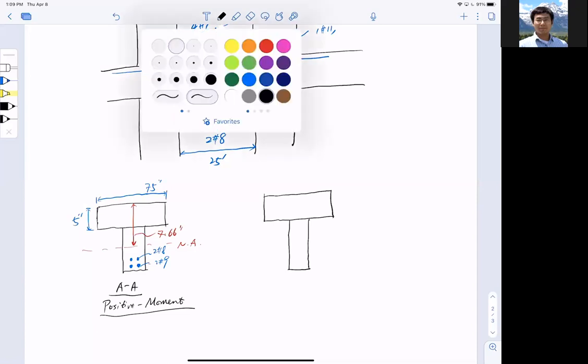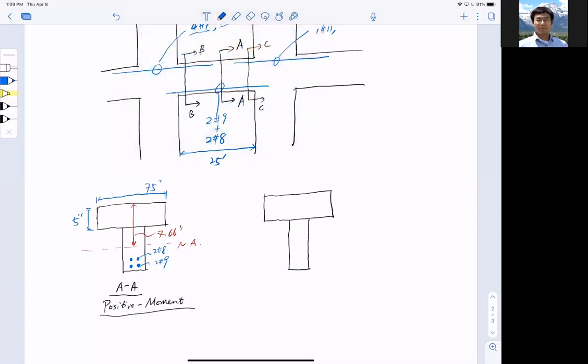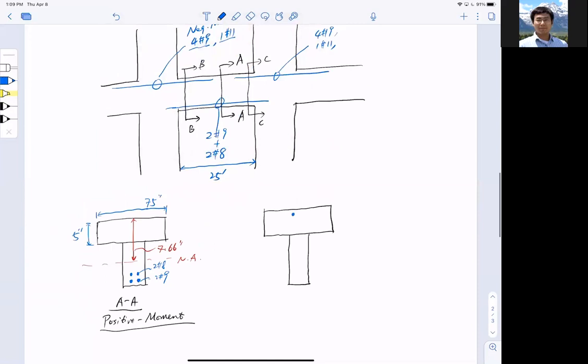The reinforcement is now on the top. What are the reinforcement? There are 4 number 9s and 1 number 11. So this is section BB/CC, and this is actually sustaining negative bending moment.